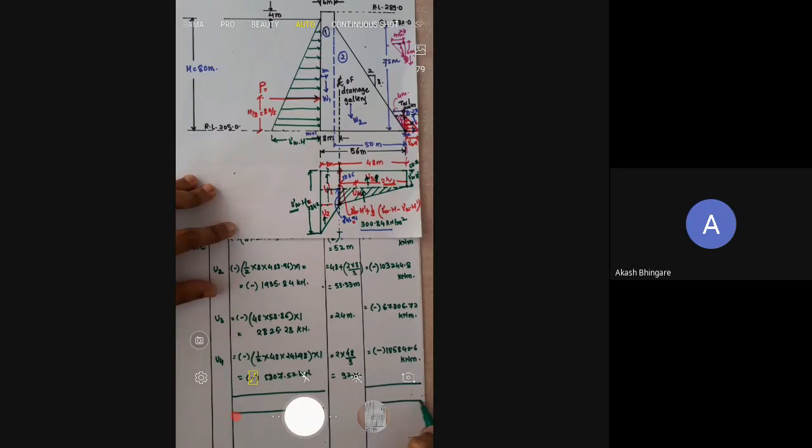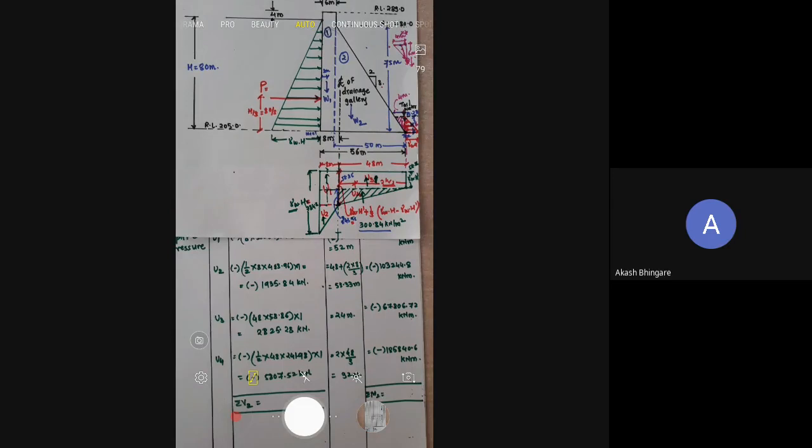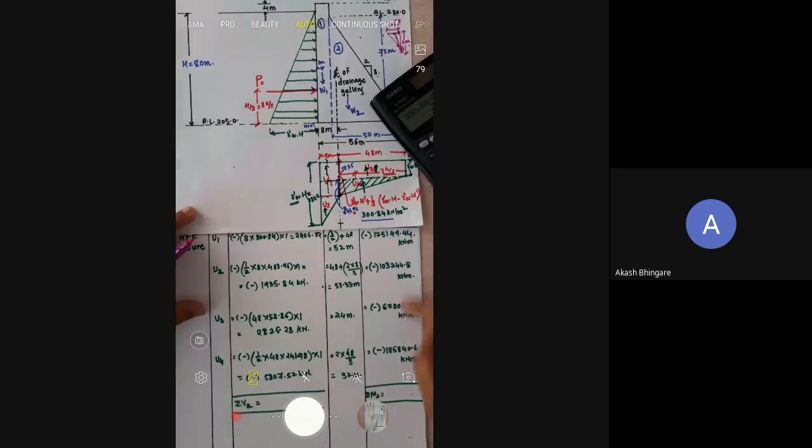So now take the sum over here for the forces as well as for moment. So it will be summation V2 and respectively summation M2. Yes, U1, U2, U3, U4. Quickly add all these four forces and respective moments over here, forces over here.